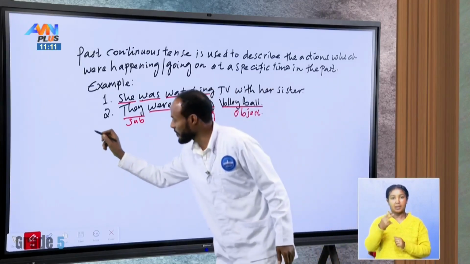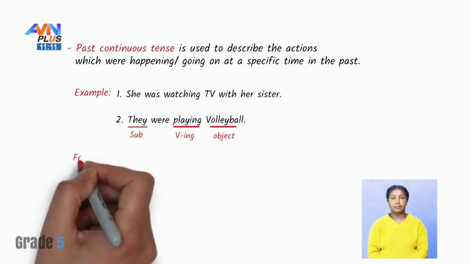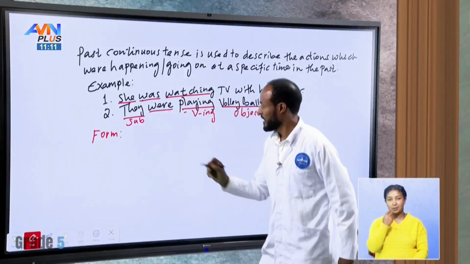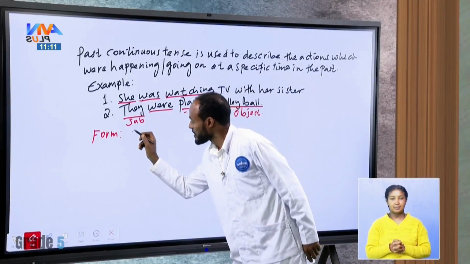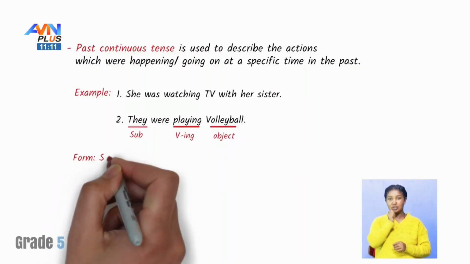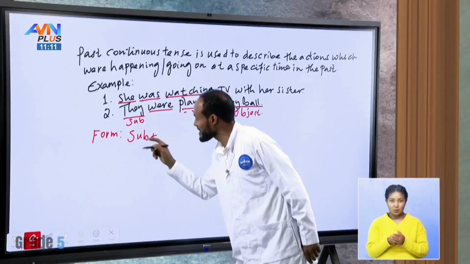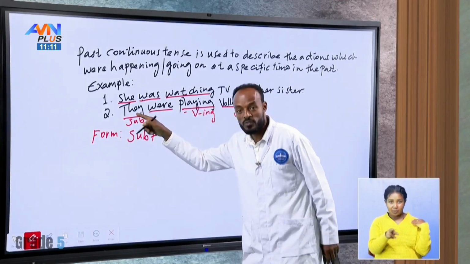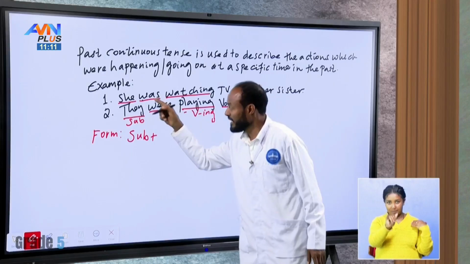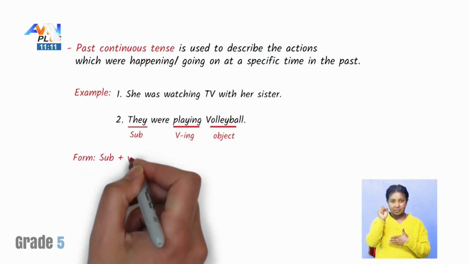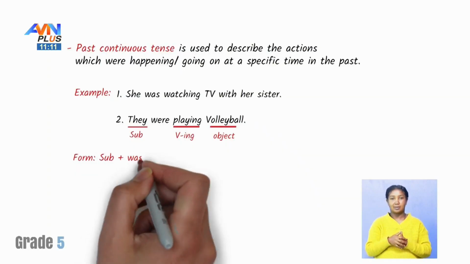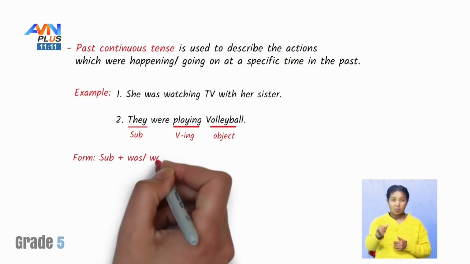Here is the form. Look. I said she was. So, she is the subject. Or, they is what? Subject. Then, was. And what? Or, were.